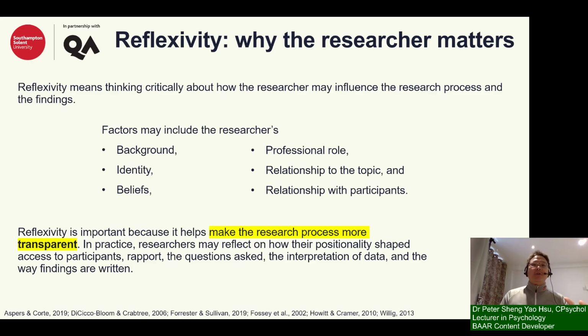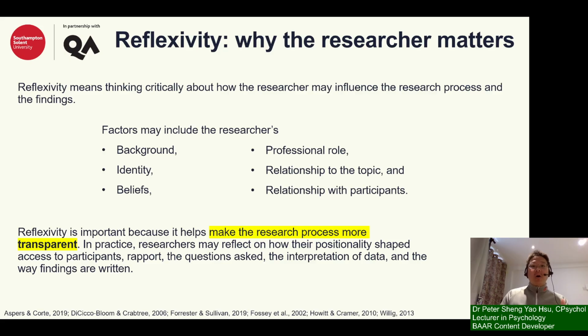It allows readers to understand how the researcher's role may have shaped the research process and the findings. Now that we have discussed subjectivity and reflexivity, we can move on to another important design issue, sampling.